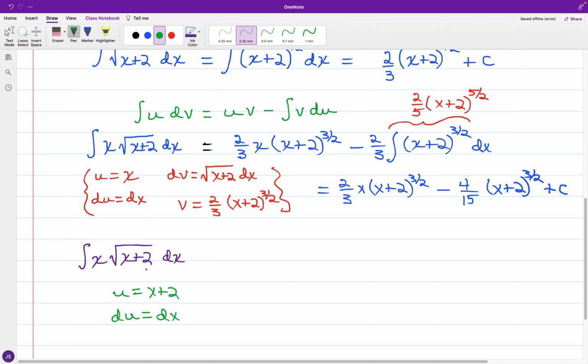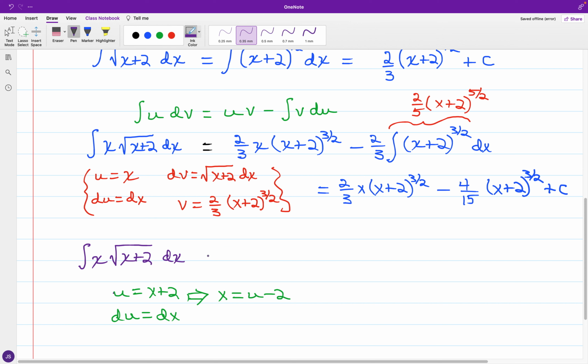Now, if you notice, I have a couple of x terms here: the square root of x plus 2, and x, the variable coefficient at the front. If I write x in terms of u, x is equal to u minus 2.